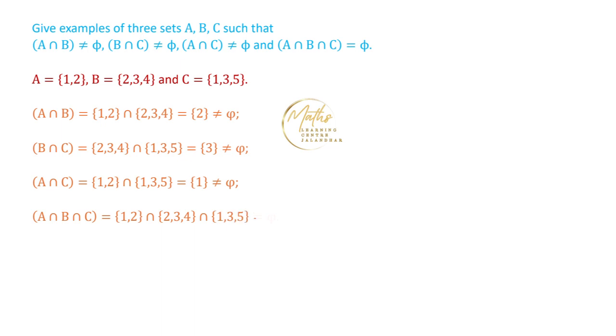There is no common element between all these three sets. There is no element which is present in all three sets. So we can say that this set is equal to 5. So this example works in this particular case.